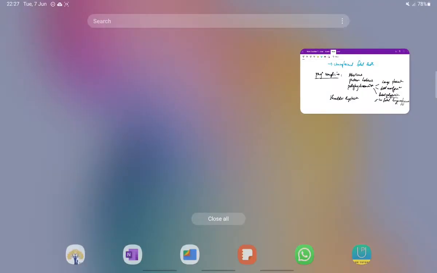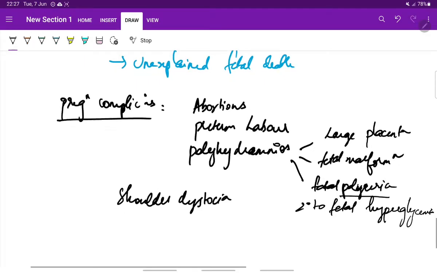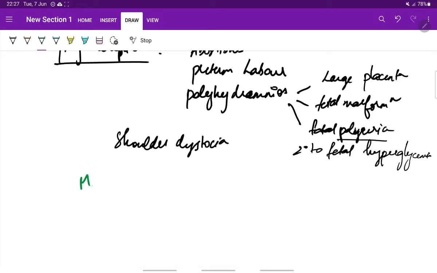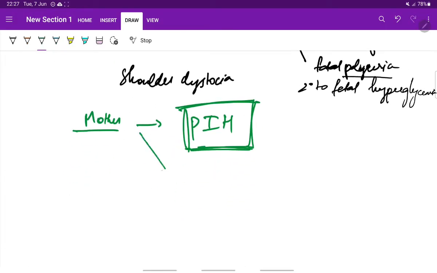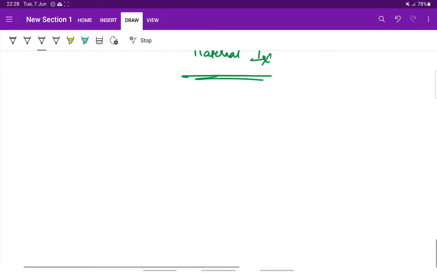And also in the mother there can be pregnancy induced hypertension. This is an important feature seen associated with gestational diabetes mellitus, and there can also be maternal infections, because diabetes, as we all know, is an immunosuppressed state. So, the mother is more prone to developing infections. These are all the effects of diabetes on pregnancy.